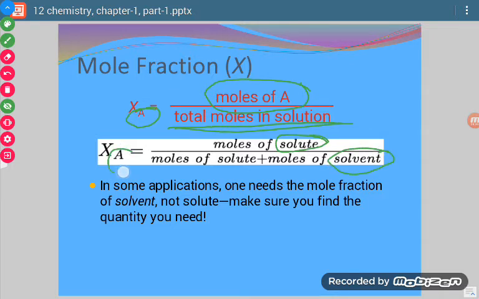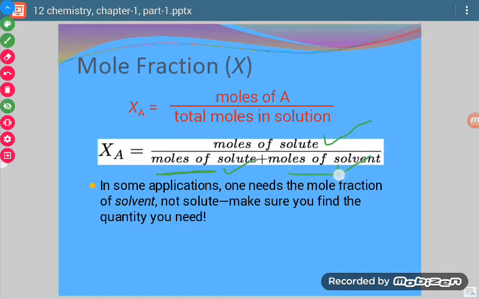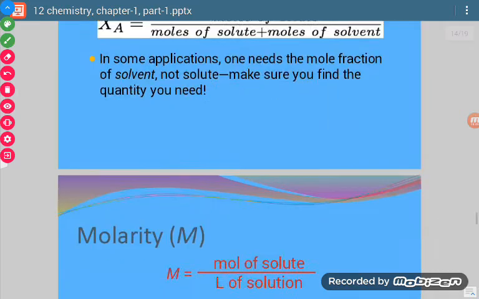Then how can we calculate the mole fraction of solute? Let us suppose A is the solute, then total number of moles of solute divided by total number of moles of solution. Now solution is having two things, so their total we have to take, and this way we will get the mole fraction value. Okay, so this is mole fraction.